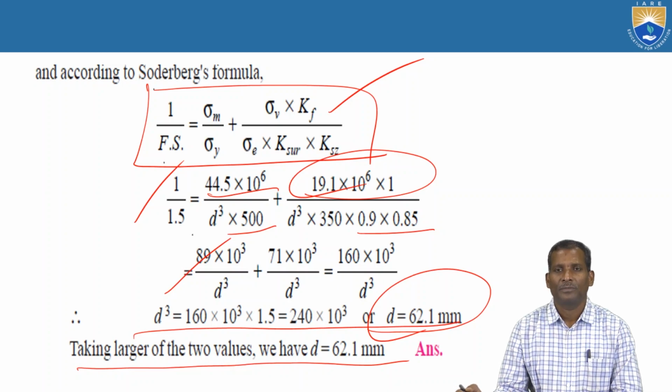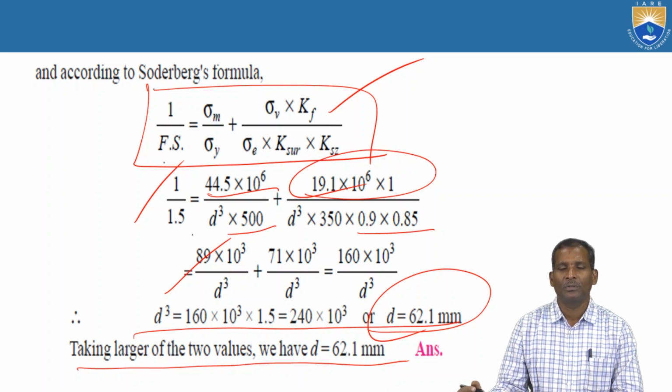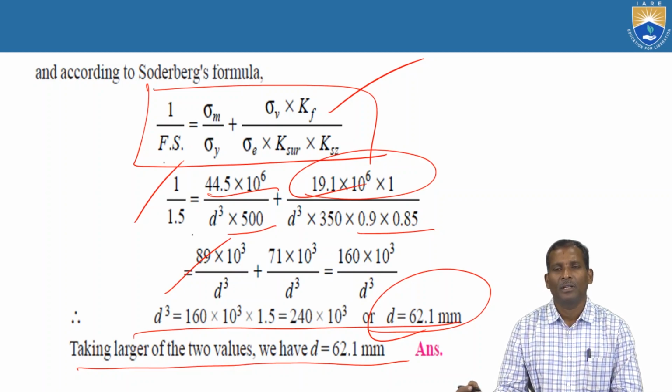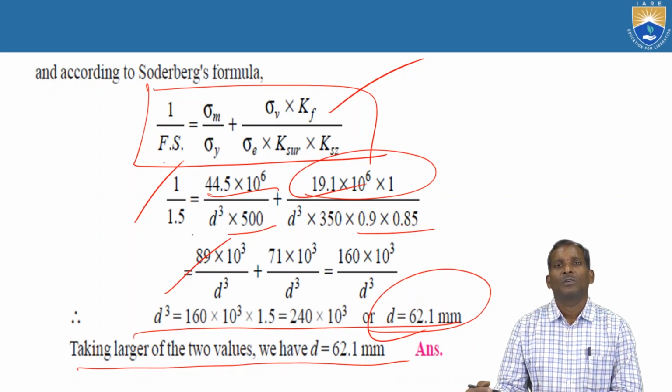So this value you can fix as the final diameter of the given circular rod. So like this, you can solve problems of combined loads, combined steady loads and variable stresses by using the Soderberg line method, Gerber parabola, and the Goodman line method.